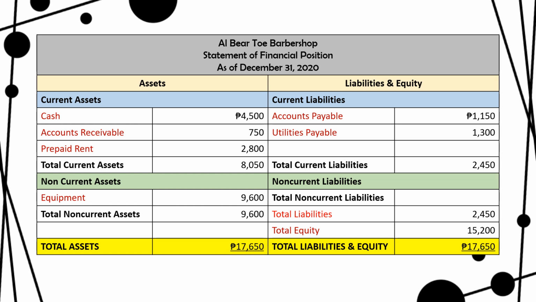Tapos, si total liabilities isasama kay total equity. And that is 15,200 combined to 2,450. We also have 17,650. So, as you can see here, kumpleto na. Nabalanse natin ang assets at liabilities and equity because we all know that assets are equivalent to liabilities plus equity.